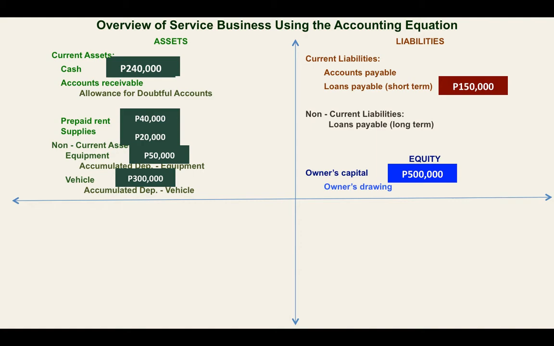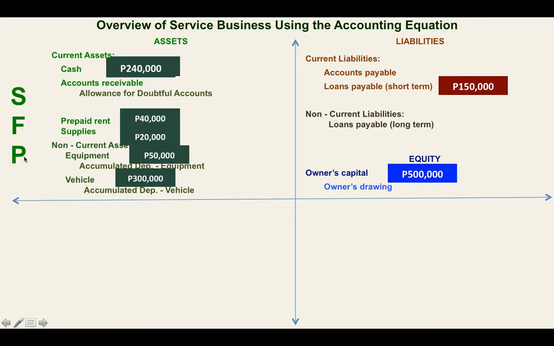So, class, with this, you can probably start the business, but it is better that before starting the operations of the business, you prepare your initial statement of financial position, which will reflect your initial assets, liabilities, and equity before starting the business. Okay?